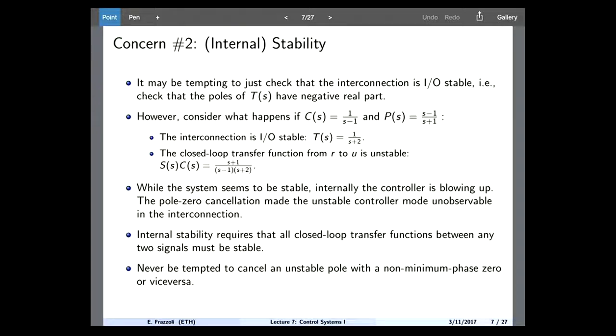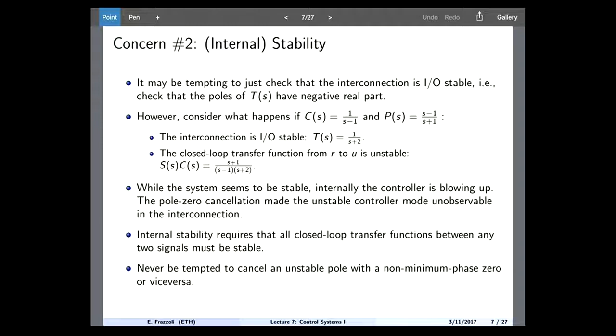Okay, so another thing I have to be a little bit careful about is that it is tempting to just check that the interconnection is input-output stable, meaning that the transfer function from the reference to the output has no poles with positive real part, okay? However, just look at this example.